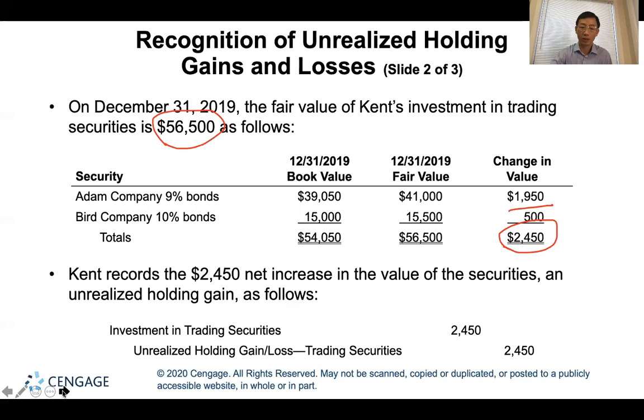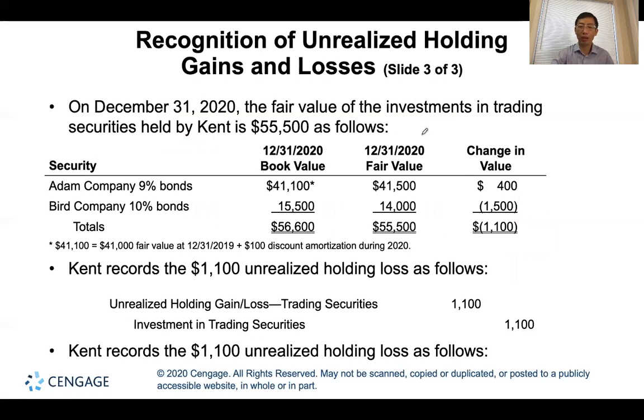And it may also have an unrealized holding loss. That means if the price decreases, for example, on December 31st, 2020, if the 9% bonds increase $400, but the 10% bonds decrease 1,500, then totally the trading security will lose $1,100.